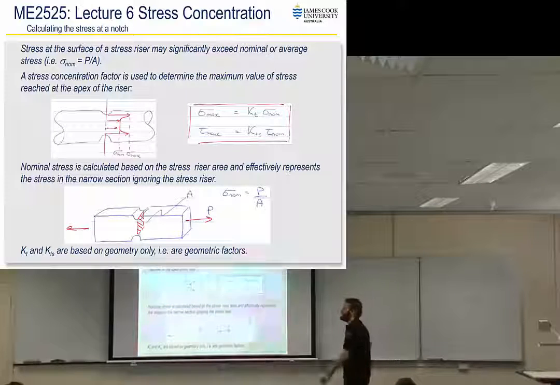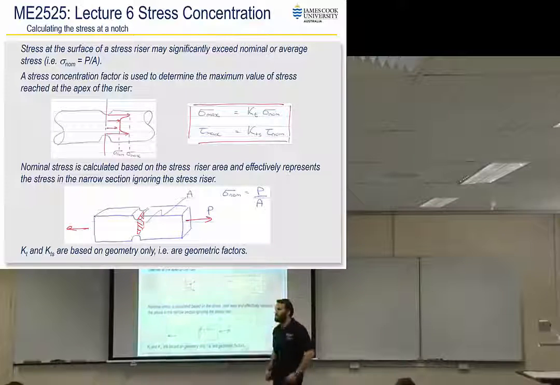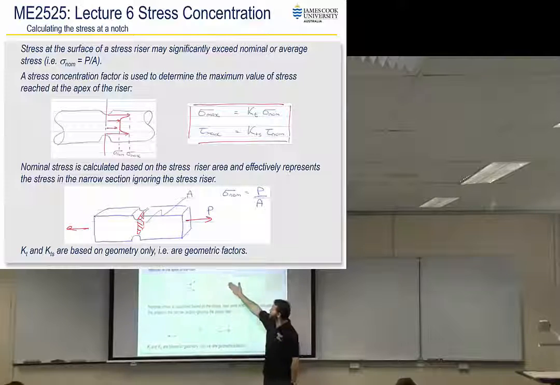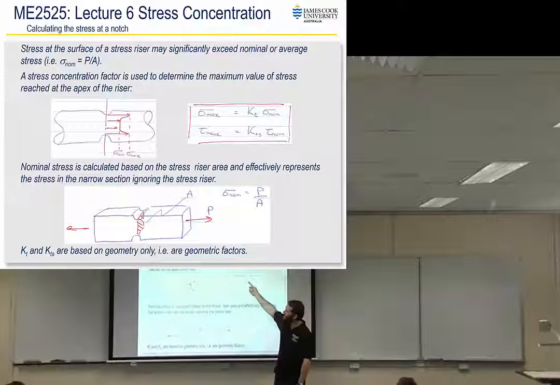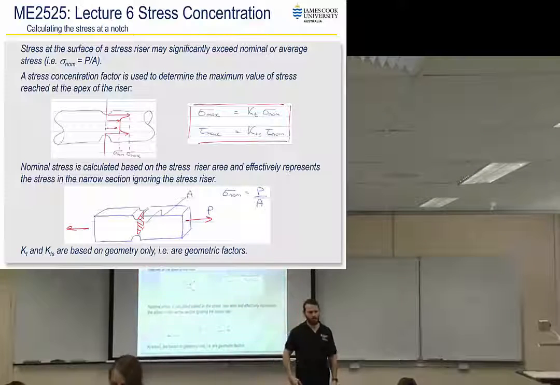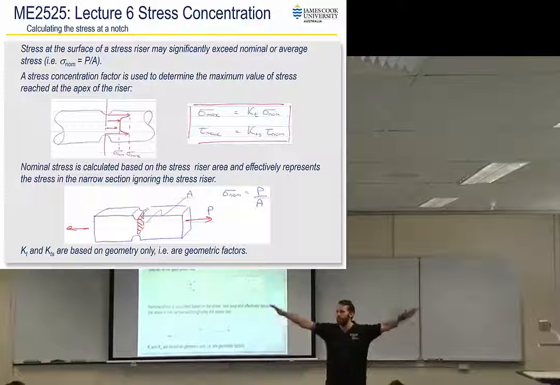And the way that we do that, at least the way we do it calculating by hand, is a very simplistic way. We use a factor called a stress concentration factor. And so you'll calculate your sigma max, based on KT, which is a stress concentration factor, multiplied by the nominal stress. And that's just the stress if you had a perfect gradient, you didn't worry about stress concentration at all.